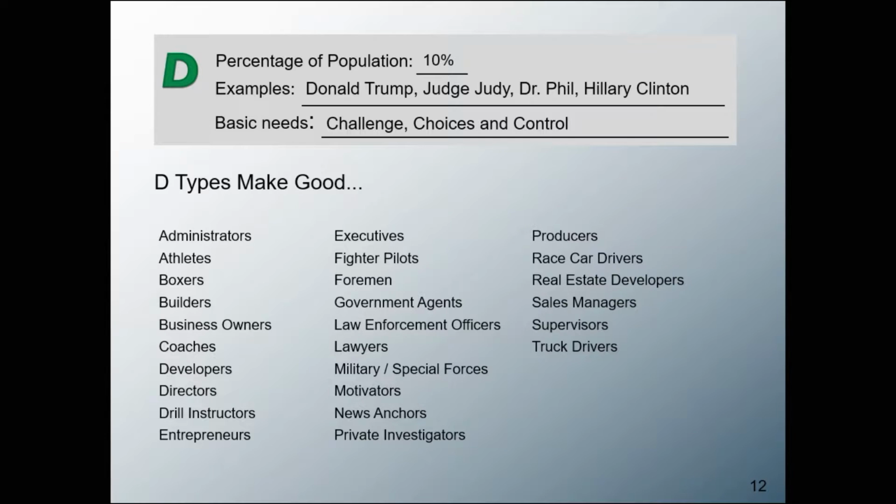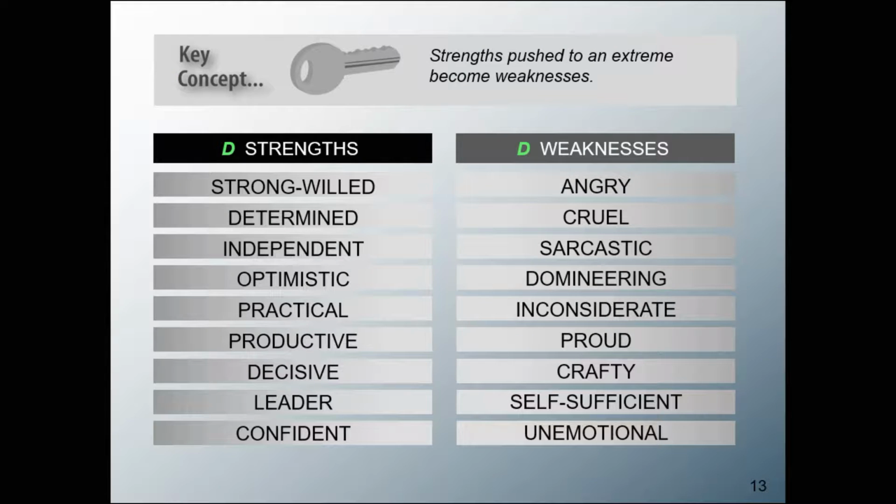What is important to understand is that each personality type, each profile, has strengths. Now, every strength pushed to an extreme becomes a weakness. How? It's because of the way it's perceived by our environment, and because we don't live by ourselves, and we don't work alone. We work with people. Even if you are a solo entrepreneur, you would have clients.